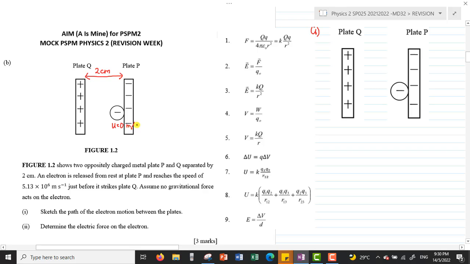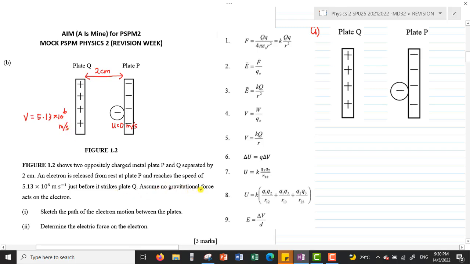Then we release it and it reaches the speed of 5.13 to the power of 6 meter per second just before it strikes plate Q. So when it strikes on plate Q, its final velocity will be 5.13 to the power of 6 meter per second.